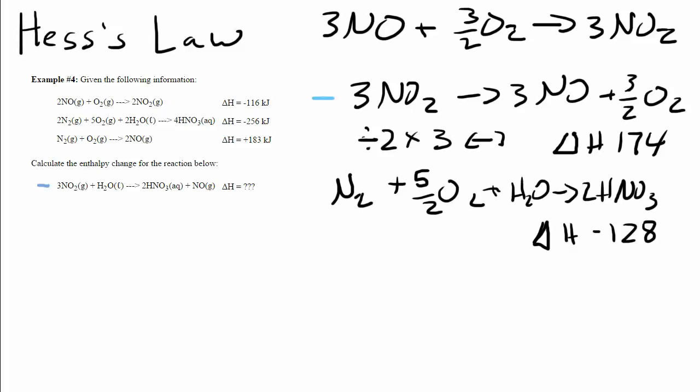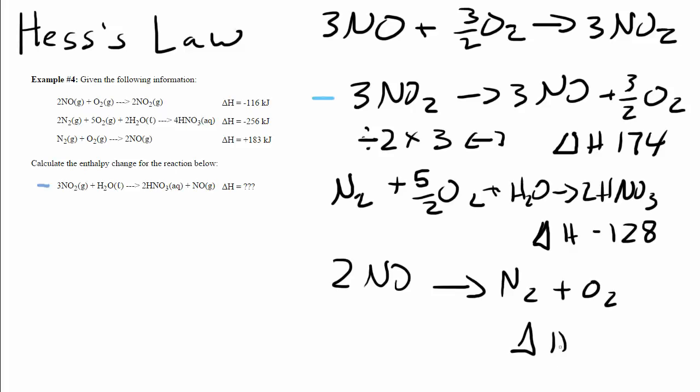So that means I'm going to have to switch it. I'm going to go 2 moles of NO as the reactant. Oops, sorry, not NO2. That's my bad. Let me get that out of there. So 2 moles of NO is the reactant, and it's going to produce N2 and O2, and then I'm going to flip the sign, and the delta H is negative 183.